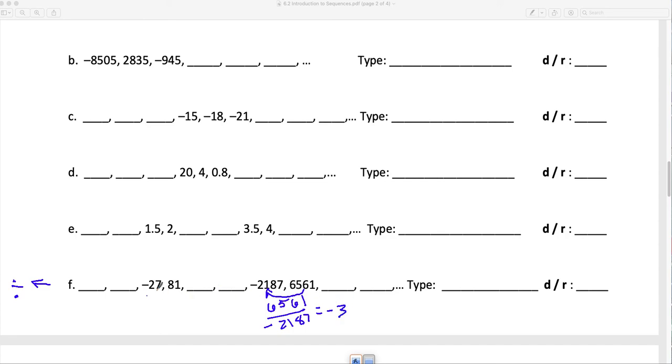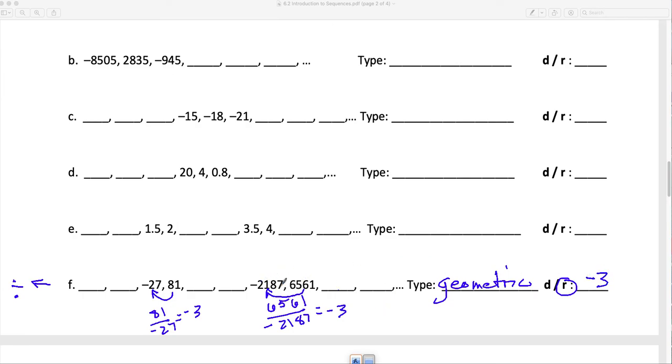I have to do it twice to make sure that's what I actually have. So let's do it here. 81 divided by negative 27, and that's going to give me a negative 3. All right, so I've confirmed, because I've done it twice and I looked at the pattern, that this is geometric. That means it's a common ratio, and that common ratio is negative 3.